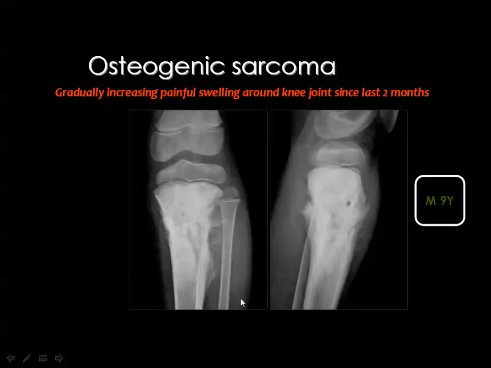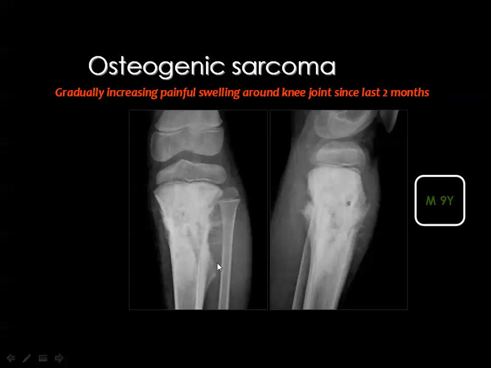And this is also a case of osteosarcoma of the proximal tibia. And you can appreciate the degree of dense sclerotic reaction of the tumor matrix. You can also see the characteristic sun ray spiculation.